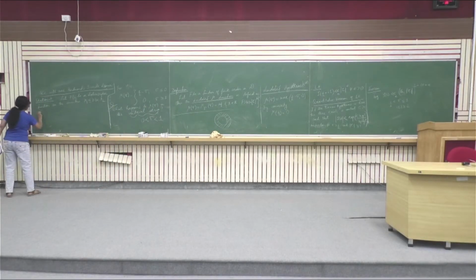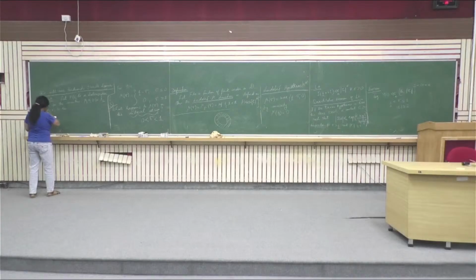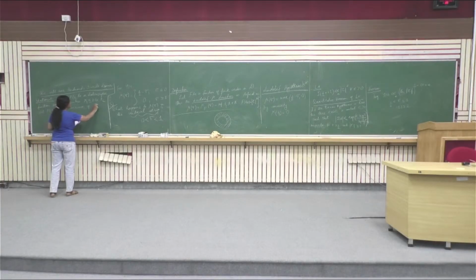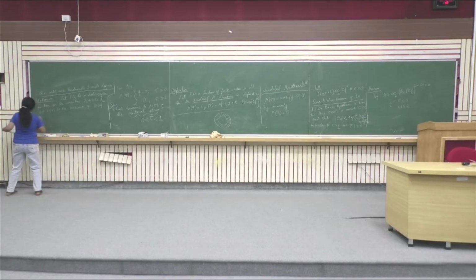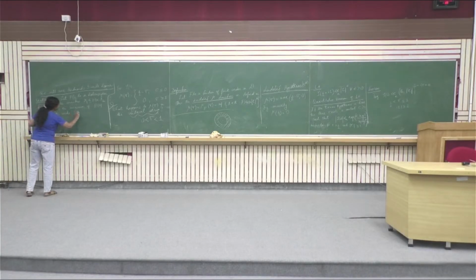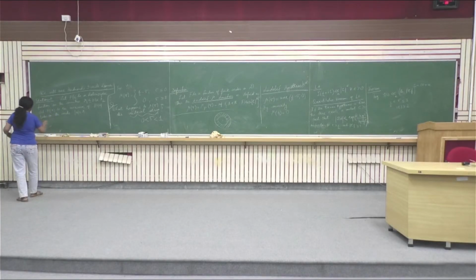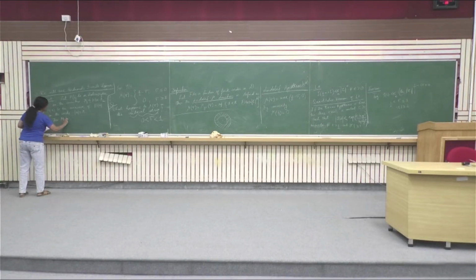And I let M of r be the maximum value that f of s takes on the circle absolute value of s equal to r. Then the maximum value of R2, okay, I'll write it.